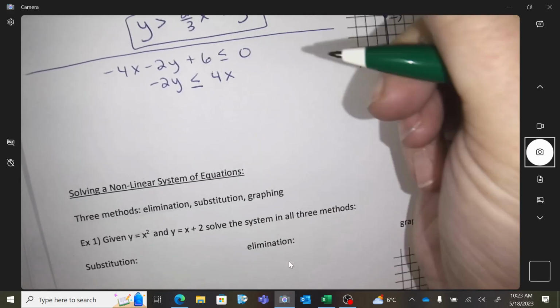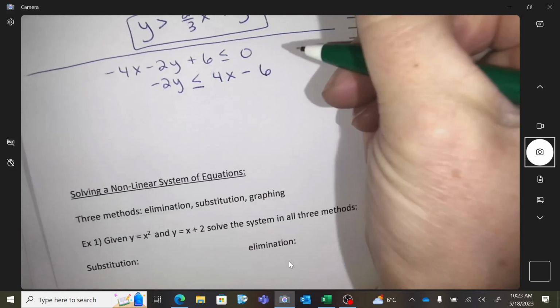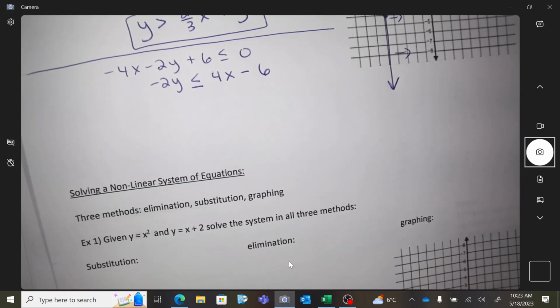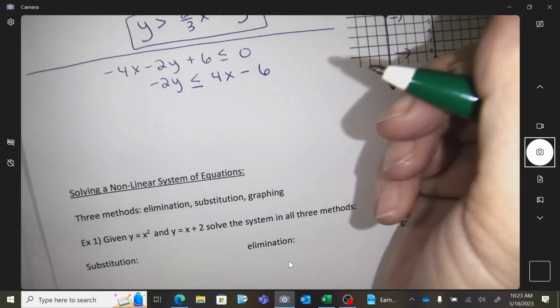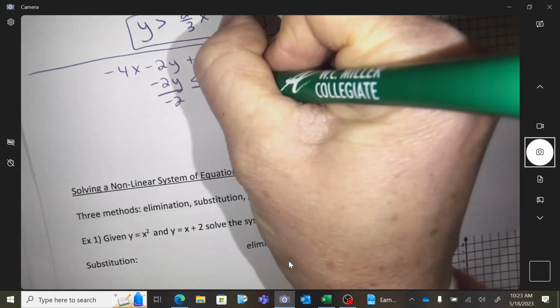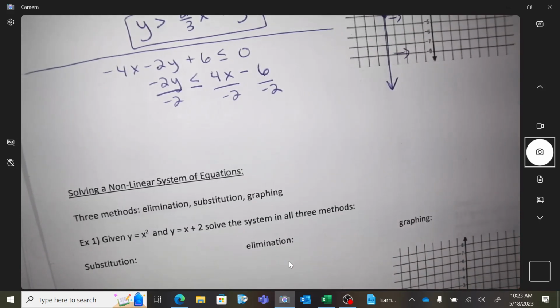So when I move 4x, the number stuff is going to also have to move. And I'm going to have to divide by -2. And something crazy is going to happen, so don't go too far here on me on the writing.